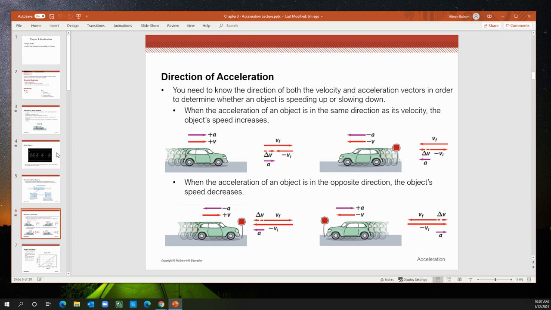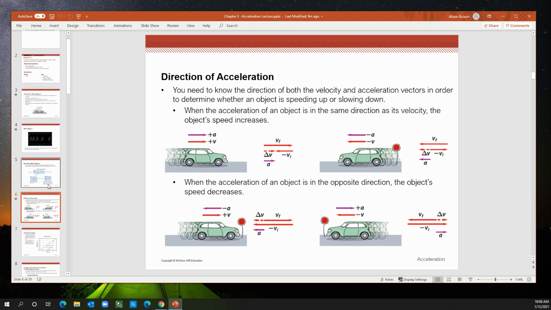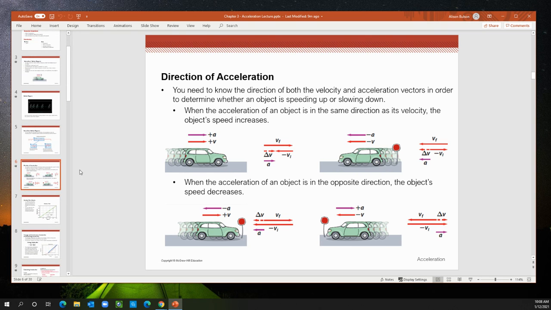Velocity vector is getting bigger and bigger. If an object is slowing down or decelerating in our everyday use of the word, the velocity vector and acceleration vector point in opposite directions. The velocity vector gets smaller and smaller. And so we'll just focus on this rule of thumb. Speeding up has velocity and acceleration pointing in the same direction. Slowing down has velocity and acceleration pointing in opposite directions.